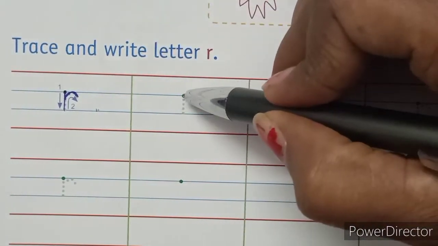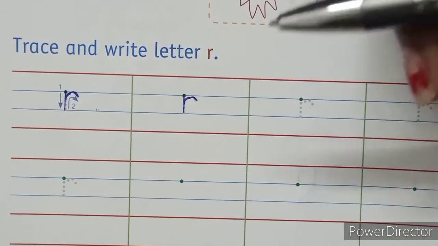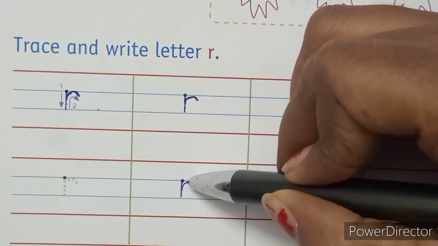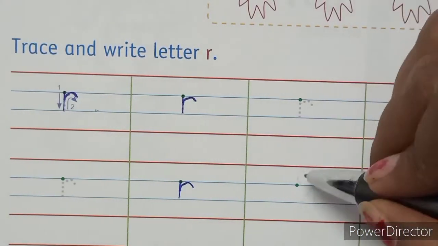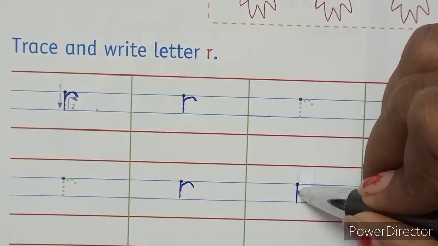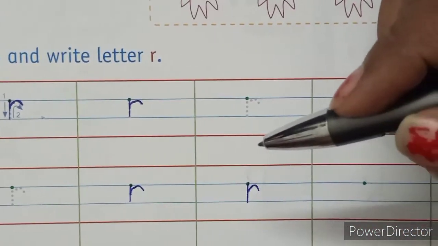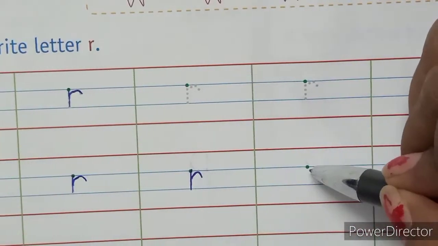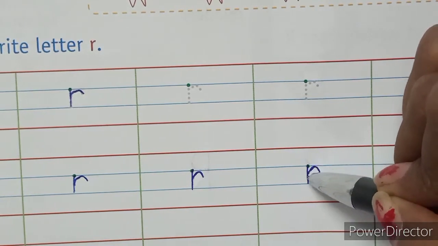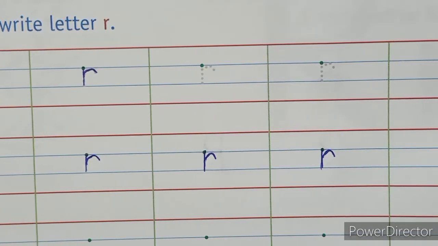Okay, make a standing line and then make a curve. देखो ग्रीन डॉट है यहाँ पे, ग्रीन डॉट के थोड़े नीचे से स्टार्ट करना है और कर्व बनाना है. Will do once again. This is how we have completed writing small letter R.